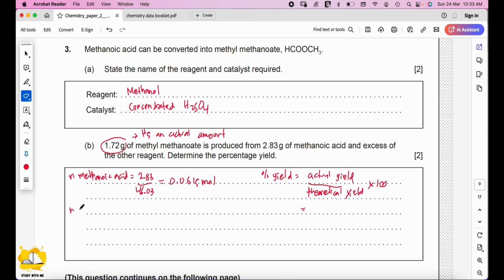And for moles of methyl methanoate, it will be 1.72 divided by 60.06, producing 0.0286 mole. Then you just need to plug into this formula, which is 0.0286 divided by 0.0615 times 100, and you will get 46.5%.